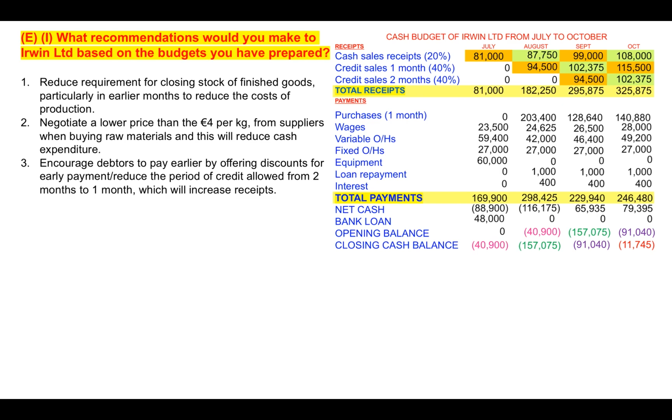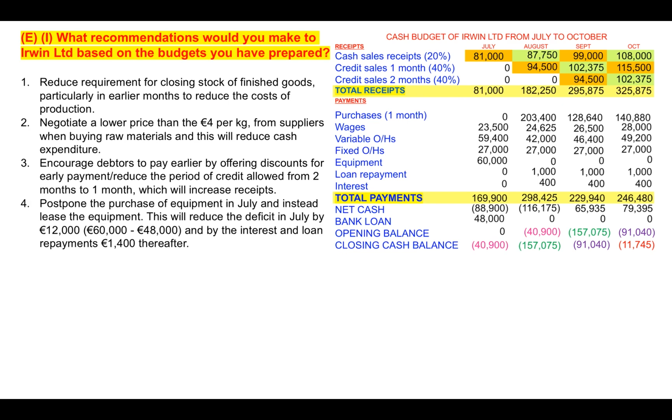Encourage debtors to pay earlier by offering discounts for earlier payment or reduce the period of credit allowed from 2 months to 1 month, which will increase receipts. Postpone the purchase of equipment in July and instead lease the equipment. This will reduce the deficit in July by €12,000 and the interest and the loan repayments by €1,400 thereafter.